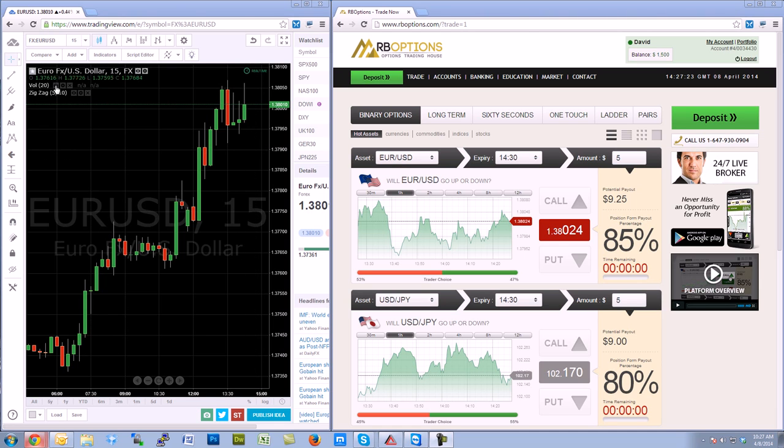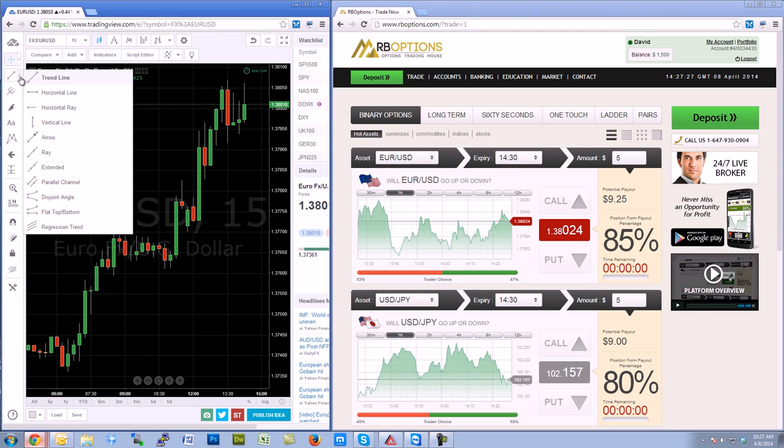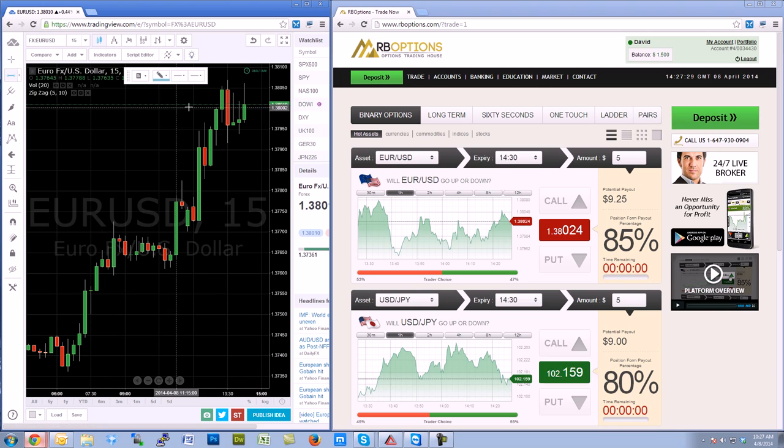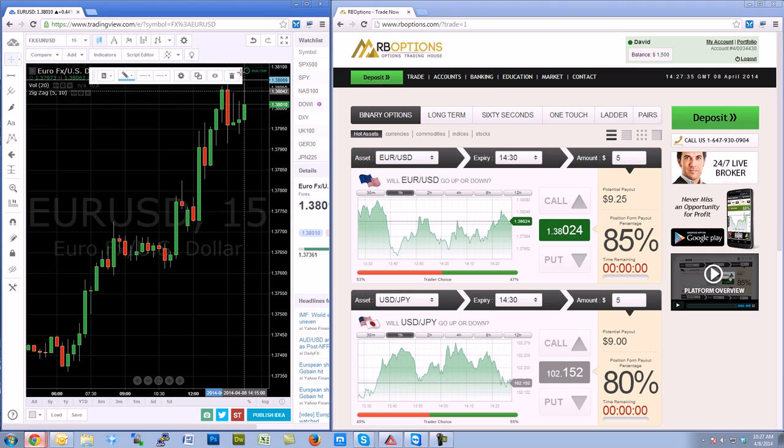So as you can see, this is what they also call an inside bar. If we go ahead and grab our horizontal line tool, we'll mark the top of this red candle right there, and we'll also need to mark the bottom of it. There we go.